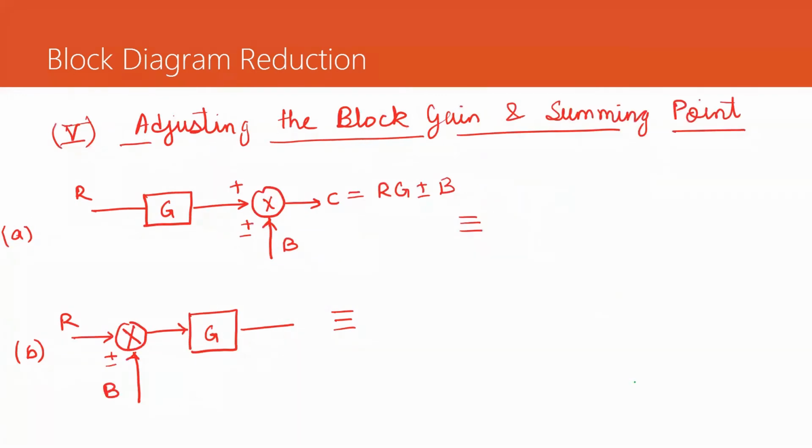The next rule is the adjustment of a block gain and a summing point. Suppose I have a summing point which is after a block G, and I want to move this particular summing point before the block G. So right now we have an output C which is equal to R into G plus or minus B. But when I move this particular block over here, we have to make a few changes.